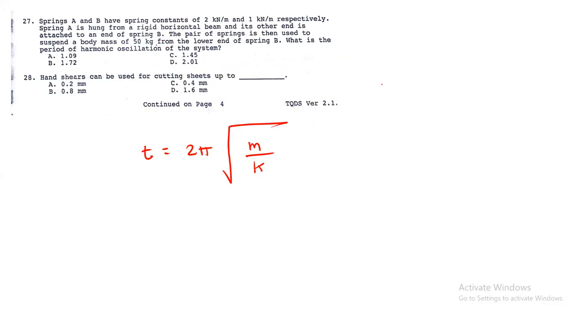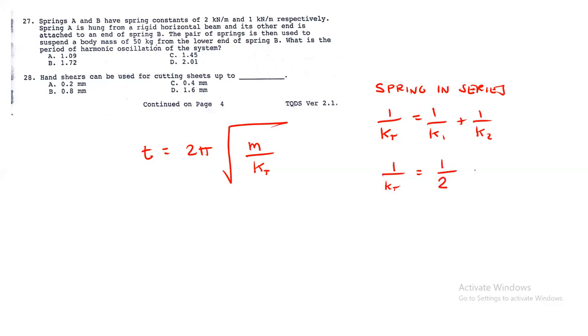So, ang spring natin is series. So, ang gagamitin natin K dito is K total. So, 1 over K total is equals to 1 over K1 plus 1 over K2. So, 1 over K total is equals to 1 over, ano yung K1 natin? 2. Then, 1 over K2 natin is 1. So, K total is equals to 2/3 kilonewton per meter.